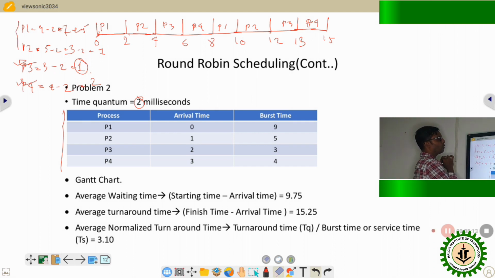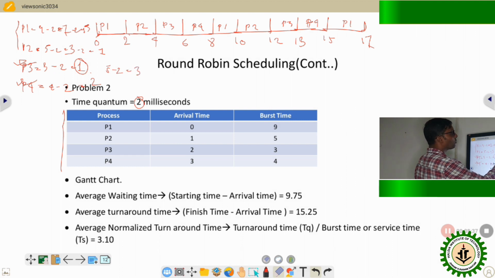Two of them are left, P1 and P2. Sorry, P1 is the only one left. Yes, 5 is left for process P1. So process P1 again gets its chance. How much is left for process P1? It was 5, so 5 minus 2, 3 is left.